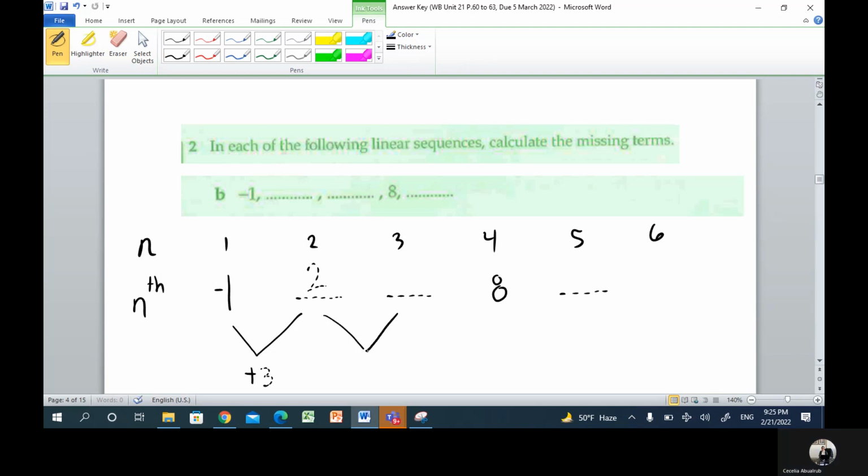2 plus 3, the answer is 5. 5 plus 3, the answer is 8. 8 plus 3, the answer is 11.